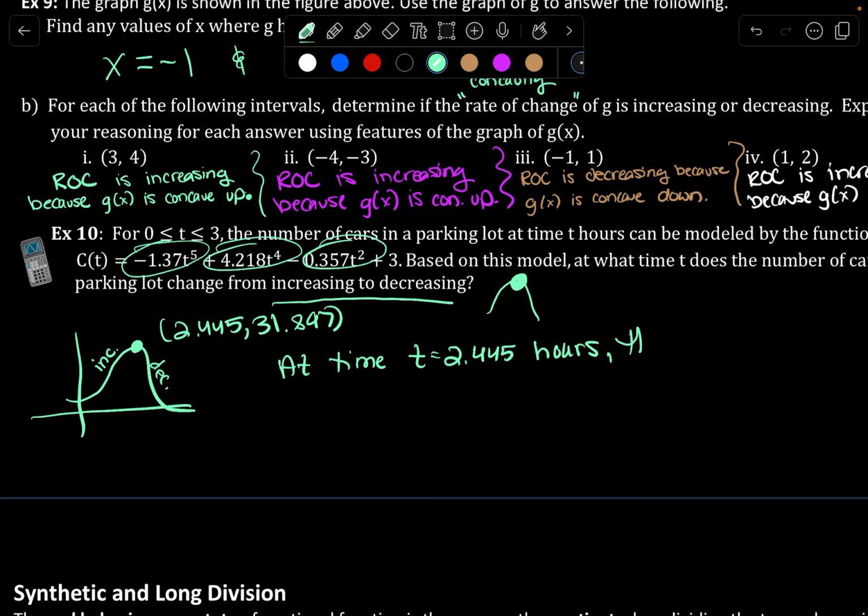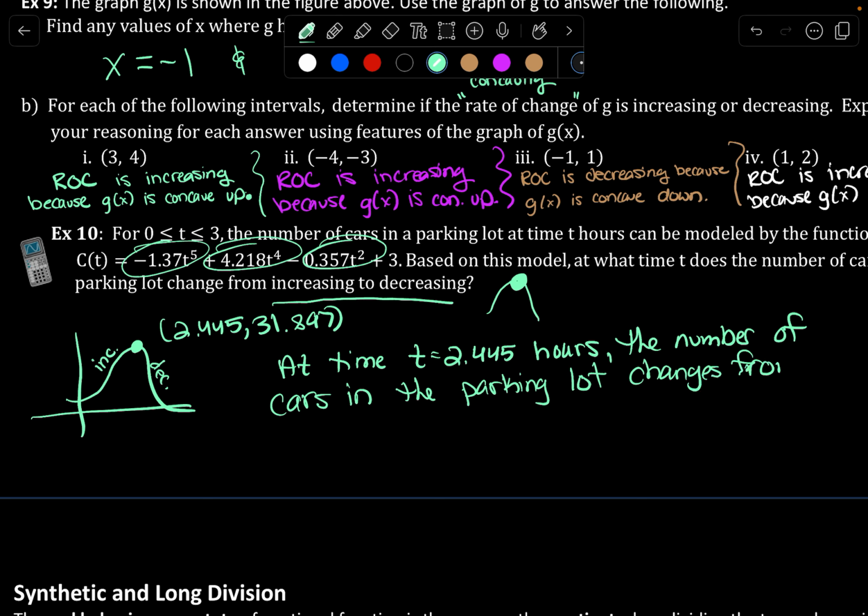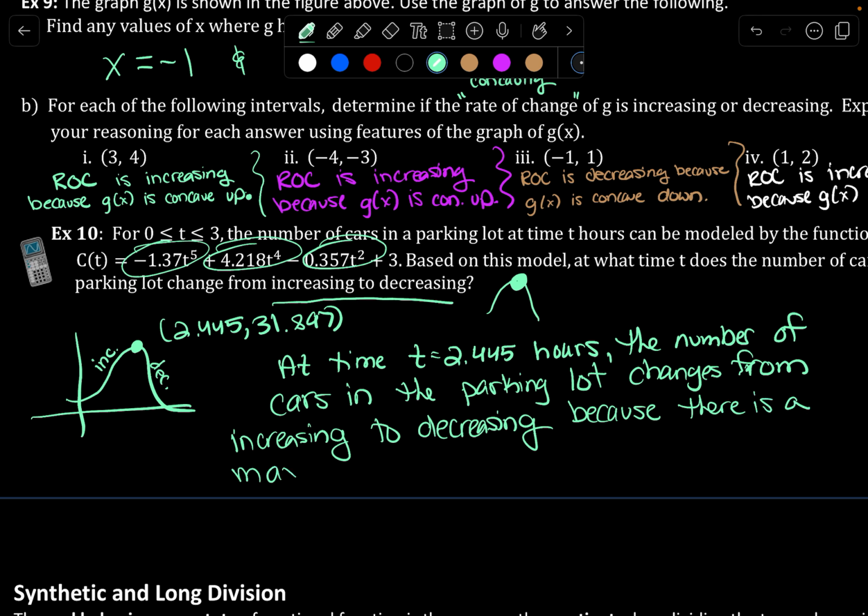The number of cars in the parking lot changes from increasing to decreasing because there is a maximum at time t.